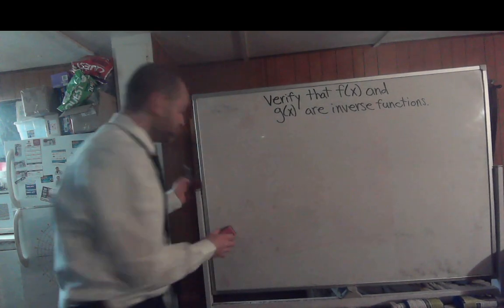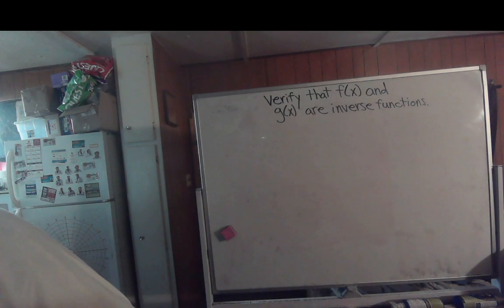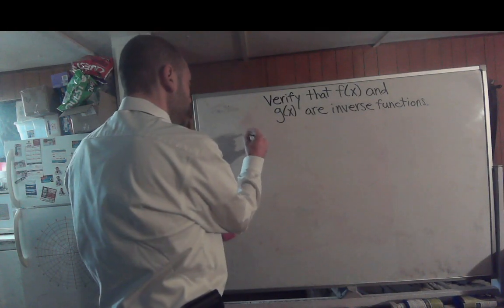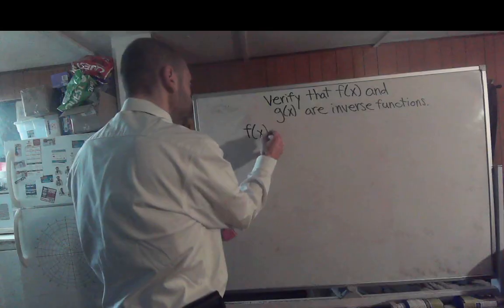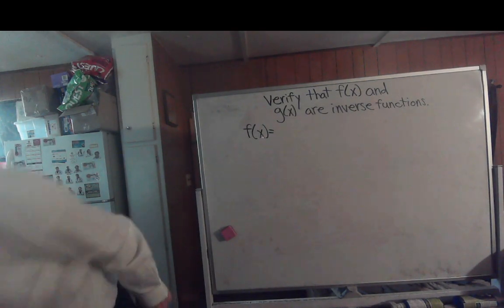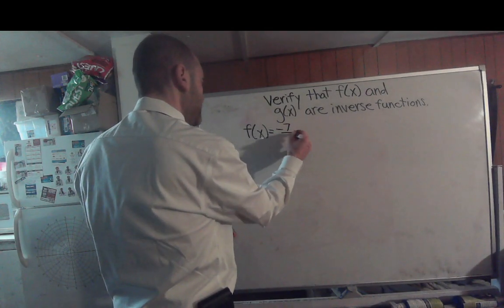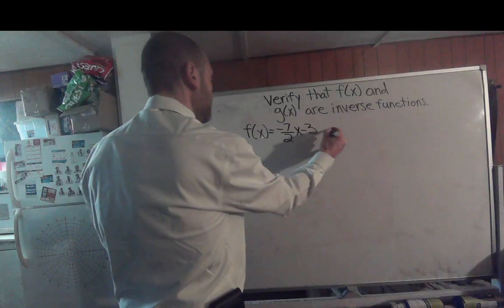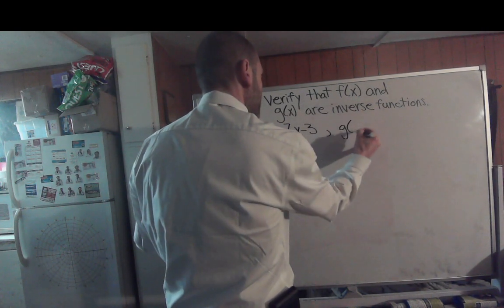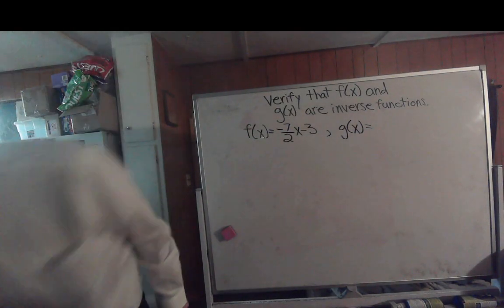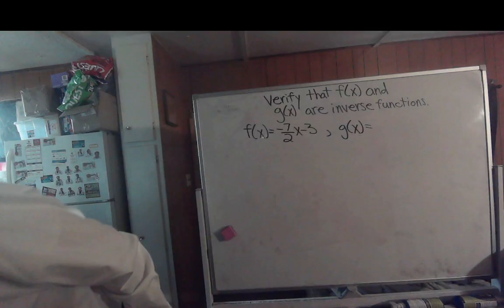So let's do some examples of that. We have that f of x is equal to negative 7/2 x minus 3, and then we have that g of x equals the negative of 2x plus 6, all over 7.